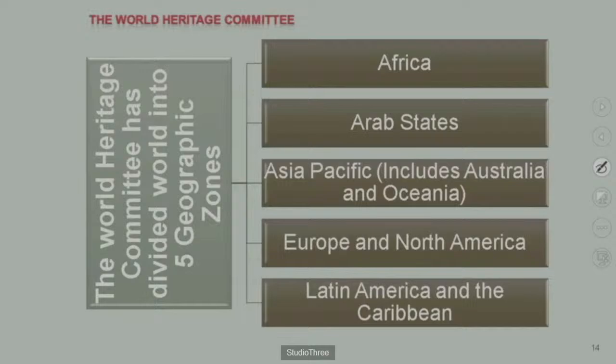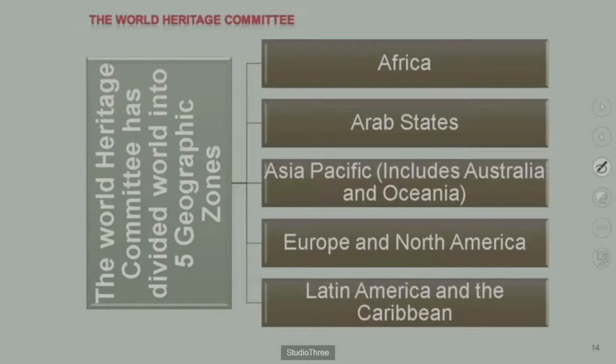These parties are not permanent parties. They are called state parties. It means that there are some countries of the world which are nominated by the General Assembly of World Heritage Centers. Once India was also a member, but these members are not permanent members.